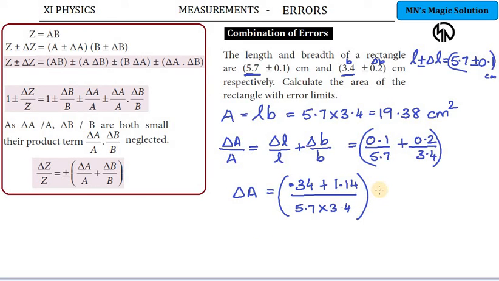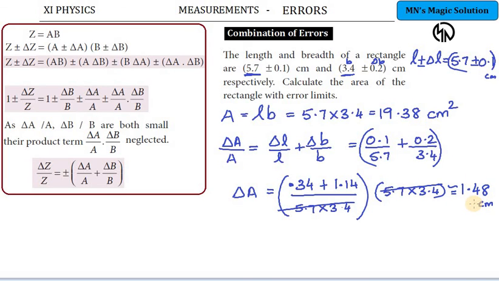What is the area again? It is 5.7 into 3.4. I am just keeping the area as such because I can easily cancel it out here. So the answer comes out to be 0.34 plus 1.14, which is 1.48 approximately.